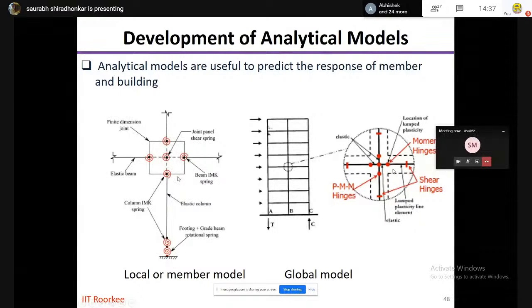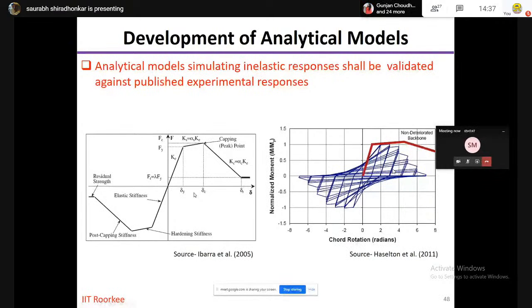Then the inelasticity, which is material inelasticity, is now transferred into inelastic rotation or curvature, and is represented using plastic hinges. This is the hinge which shows the inelasticity in the building. Again, as we have seen for the material stress-strain curve, we have a force-deformation relationship for the member.